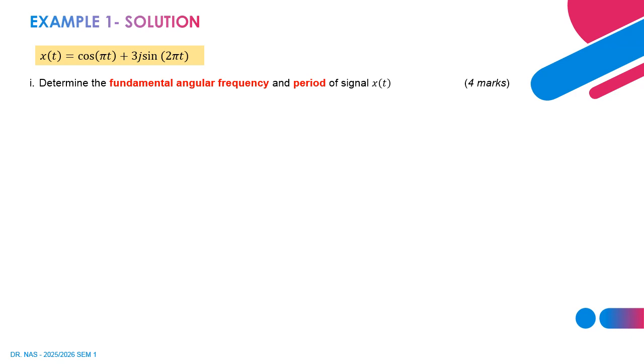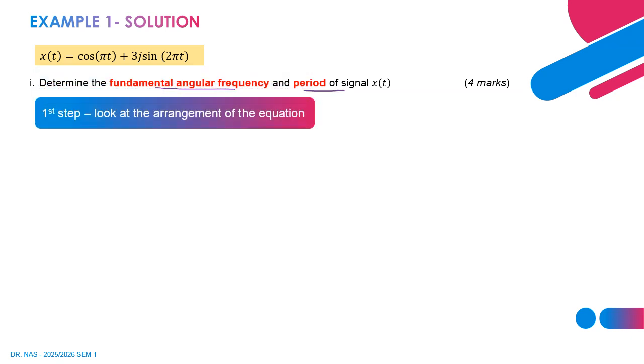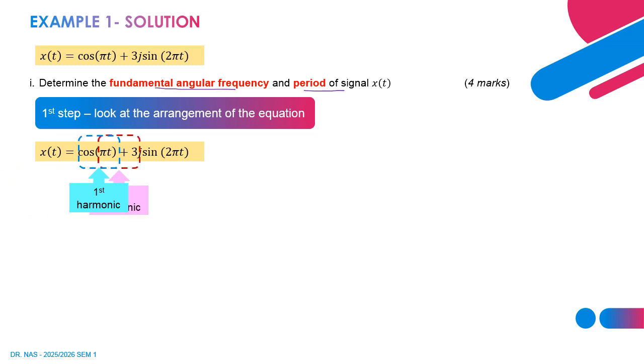The first question asks you to get the fundamental angular frequency and also the period of the signal. To start with, you need to look at the arrangement of the equation. Usually the first component gives you the first harmonic, followed by the second harmonic, and so on, if you have a third harmonic, fourth harmonic, and so on.